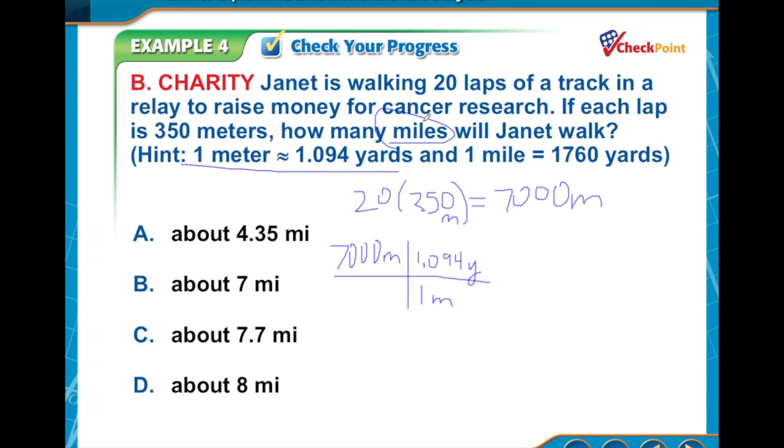But we don't want yards, we want miles. So how do we convert yards to miles? Oh, look, we have a nice conversion right here. 1 mile is 1,760 yards, so we can use that number. So extend this out. I need to put yards on the bottom so that it cancels out, yards divided by yards. So I'll put that big number here, and I'll put that mile on top, 1 mile.